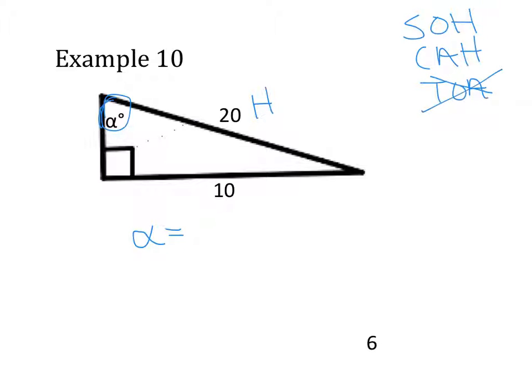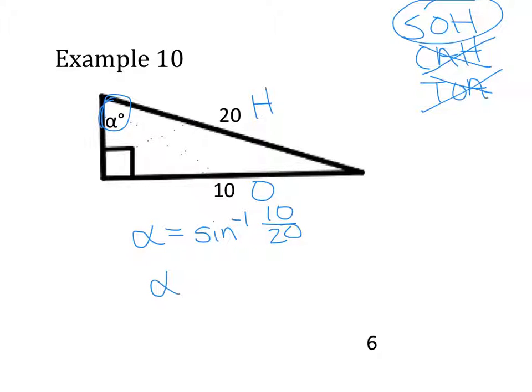So I don't use TOA because it doesn't have hypotenuse in it. And then I look, and across from my alpha is 10, so that's opposite. So I can't use CAH because it doesn't have an O. So I'm going to use SOH, which is sine. So I'm using inverse sine. And I do opposite, 10, over hypotenuse, 20. And when I put that in the calculator, I get that this angle is 30 degrees.